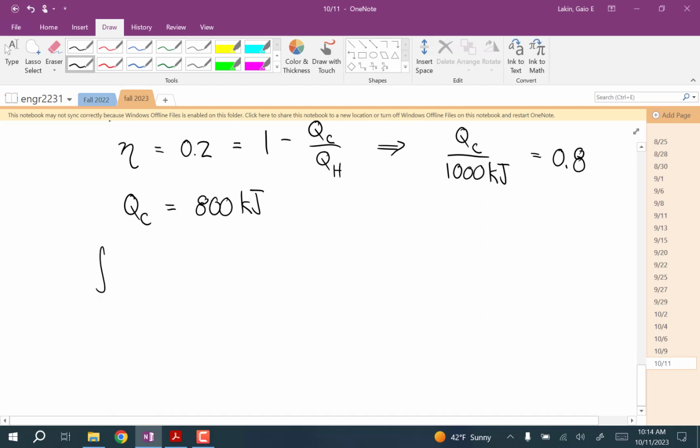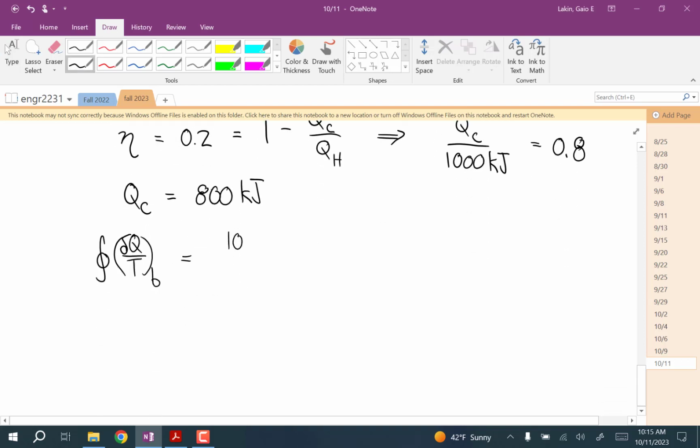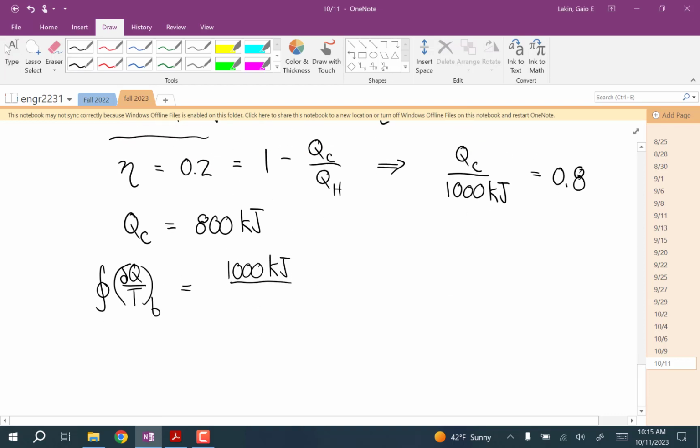So this integral we can just think of as the heat coming in, 1,000 kilojoules divided by 500 Kelvin, minus the heat going out that we just calculated, 800 kilojoules divided by the temperature at the cold reservoir.